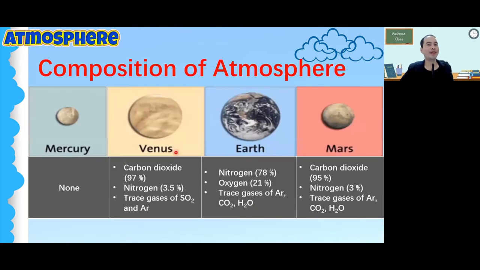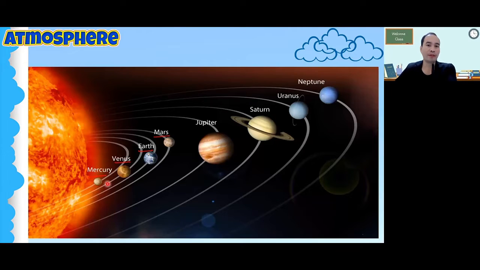Okay, so let's try to find it out by looking at the table. Using our internet resources, we found out that Mercury has no atmosphere. Why do you think? Okay, that's because Mercury, if you look at the picture, is very close or very near to the Sun.